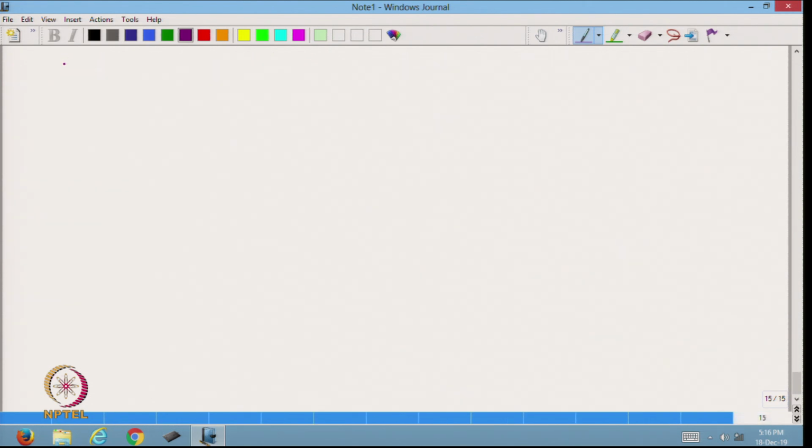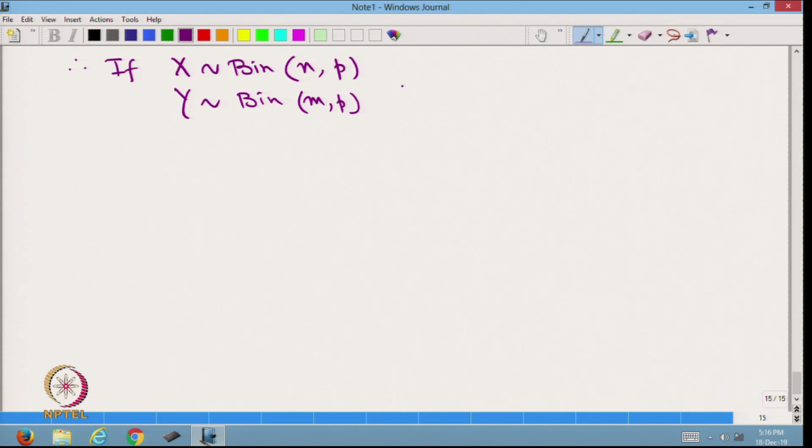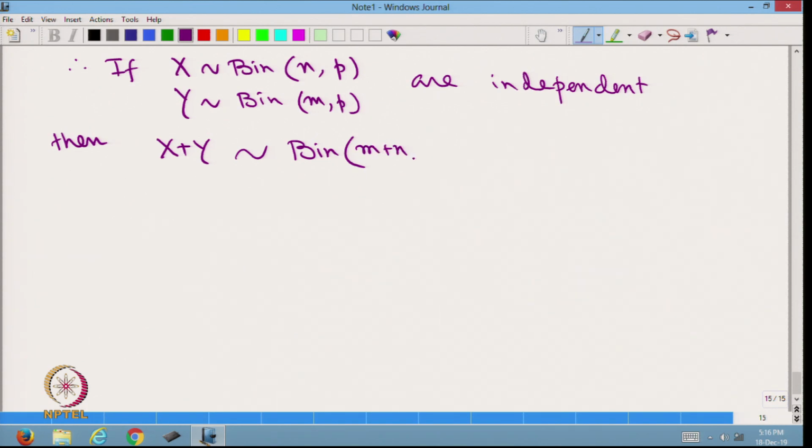Therefore, what we get is that if x is binomial n comma p and y is binomial m comma p and they are independent, then x plus y follows binomial m plus n comma p. That is an important result.